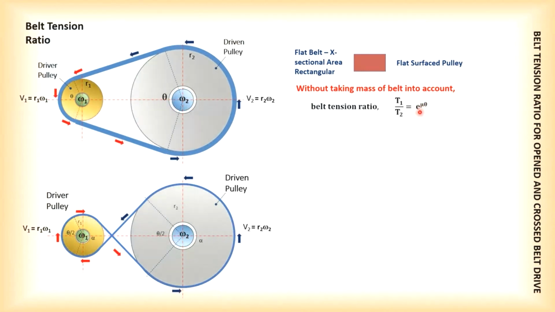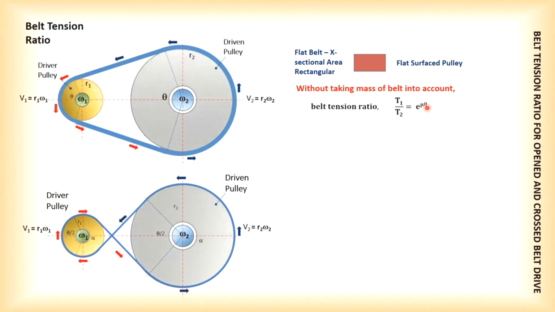When you apply theta into this formula, make sure your theta is in radians and not in degrees. You must convert theta from degrees to radians by multiplying by pi over 180, or 2 pi over 360. So this is the belt tension ratio for a flat belt.